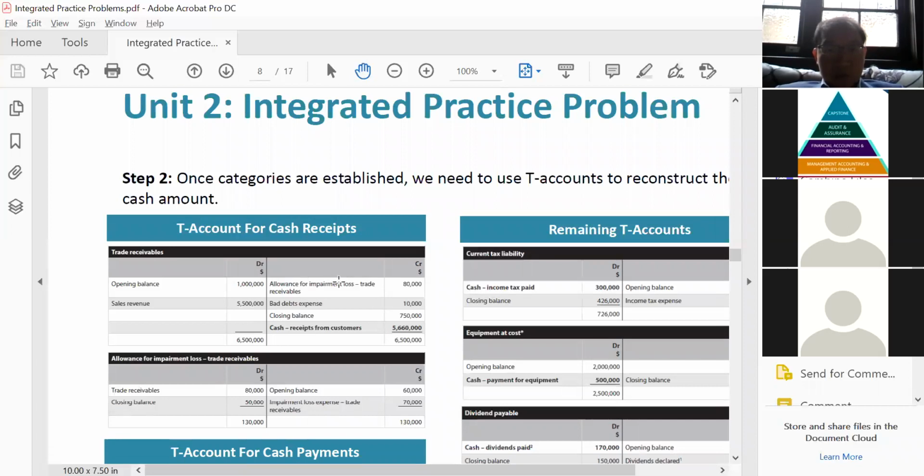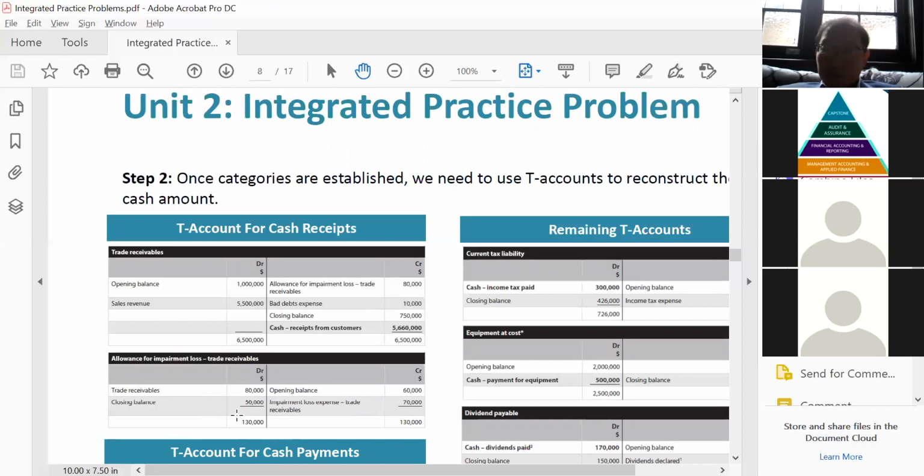Okay, now this 80,000, which is from the allowance for impairment losses, where did this come from? So this 80,000, you can see it traces down to this number here. Okay, so we have an opening balance for impairment losses. We are told that impairment loss expense was 70,000. Okay, so if you think about it, we begin the year with an opening balance of 60,000. We're told that impairment loss expense is 70,000, and we're told that the closing balance is 50,000.